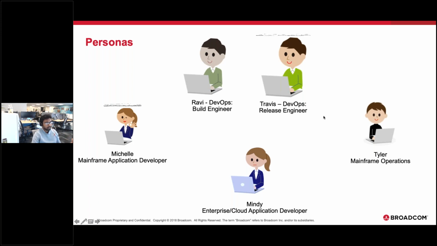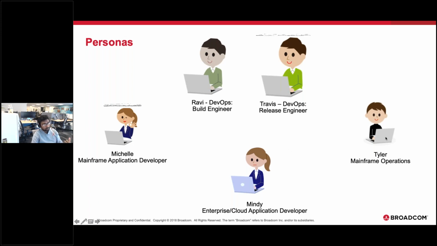He's more operating at the enterprise level, and he manages deployments to various stages for multiple applications, regardless of the platform. And then we also have Mindy, who is an enterprise or line of business cloud or application developer, and she might just be a person who's waiting for Michelle's team to complete working on some transaction updates so she can start using it in her web app.